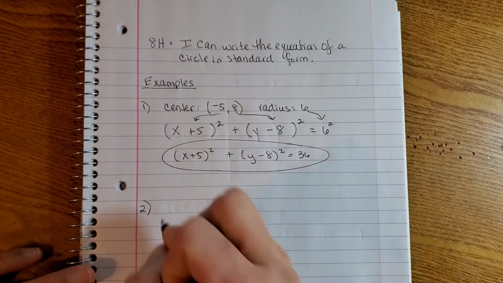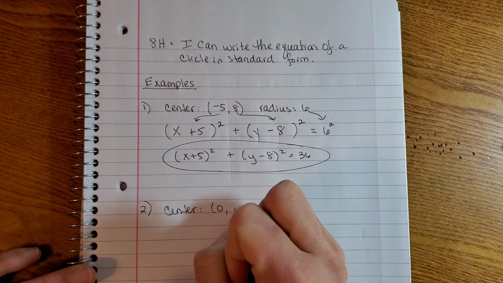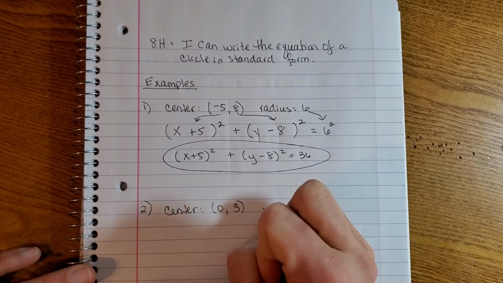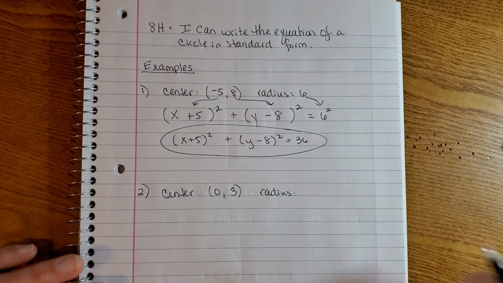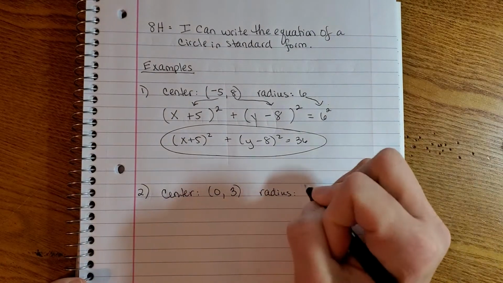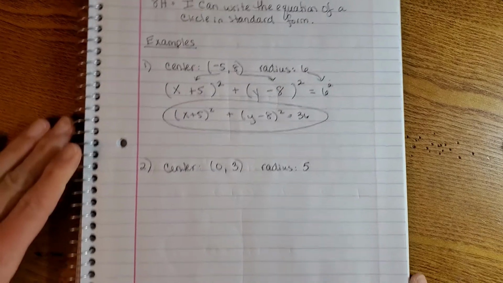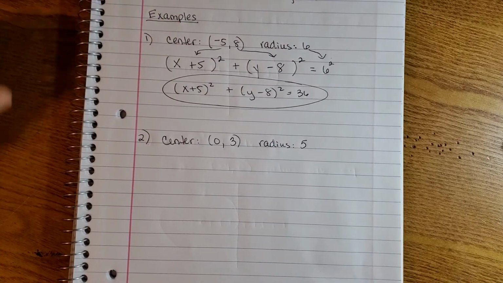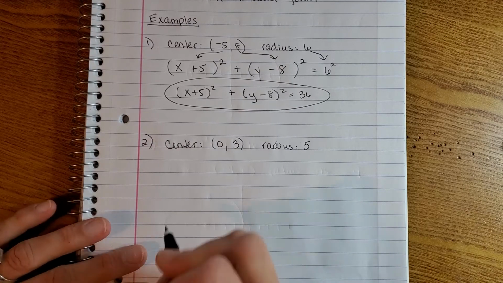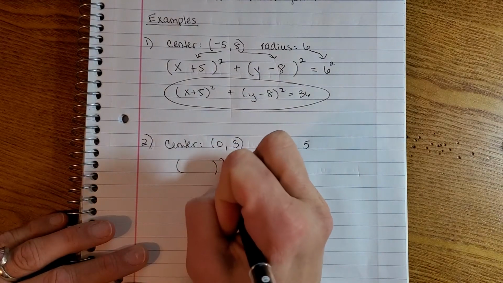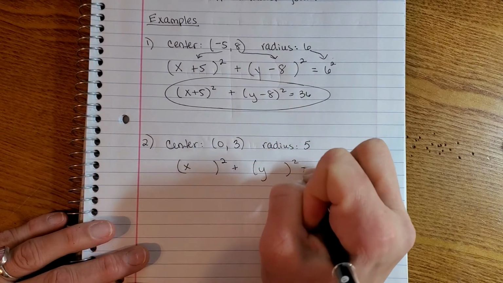Let's look at another example. Let's say we have the center is at 0, 3, and we have a radius of 5. So again, I'm going to write out the skeleton equation, kind of what we start with.